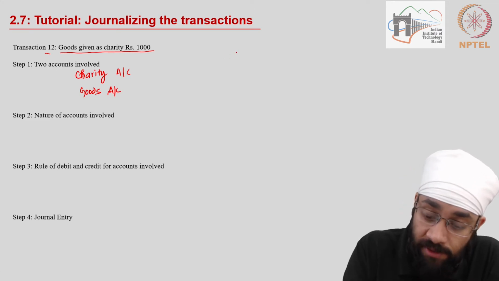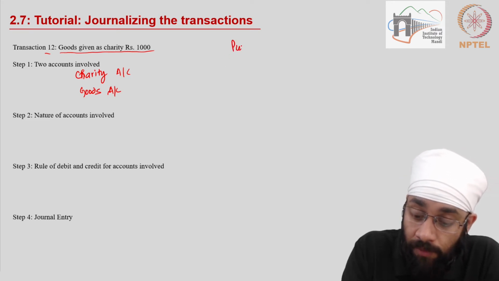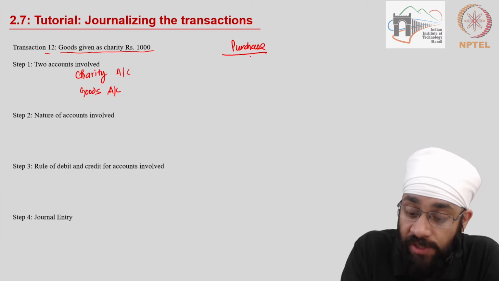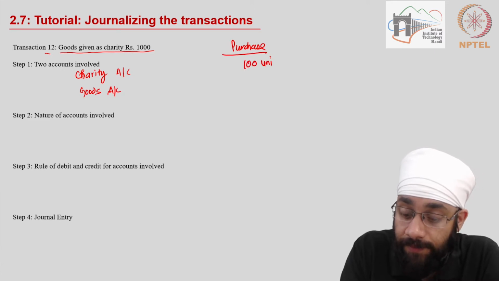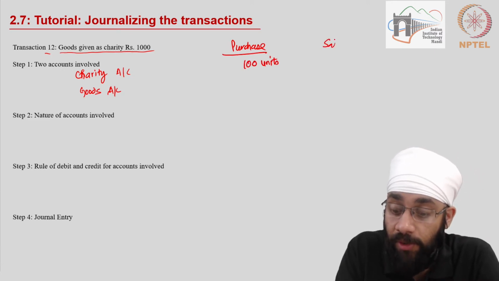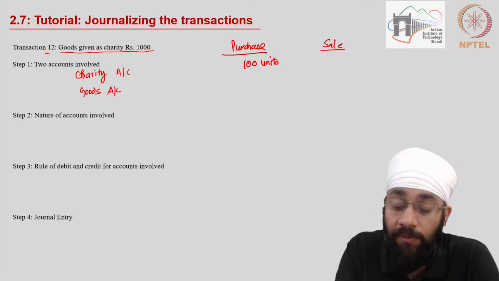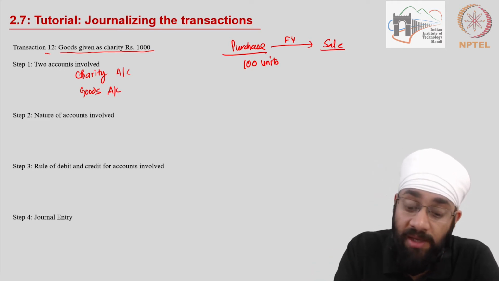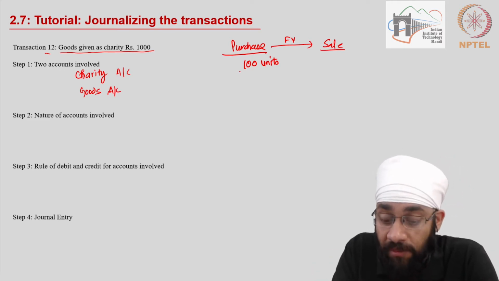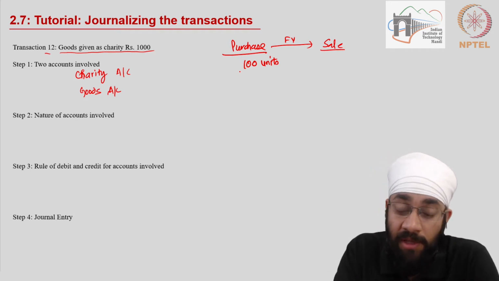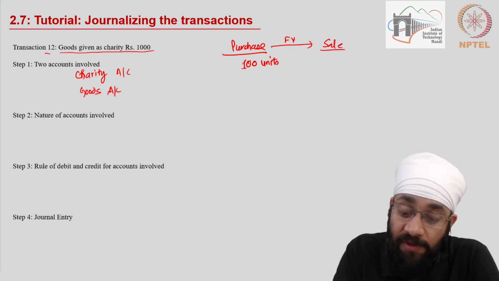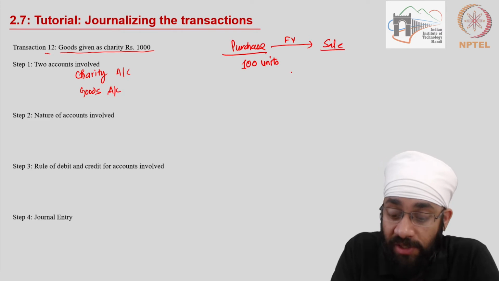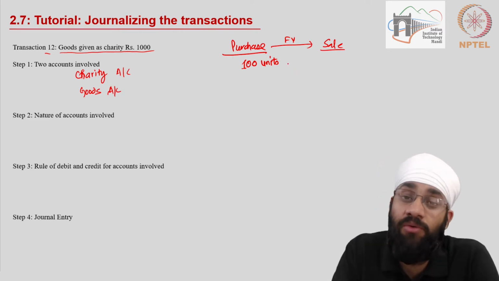So let me just draw it out here. You purchase a stock of furniture, 100 units, and then you intend to sell these. However, during the financial year, somebody comes to you and asks, do you want to donate? And you say, okay, I don't want to donate cash, but if the office of this NGO or some organization needs some tables and chairs, I could supply that.